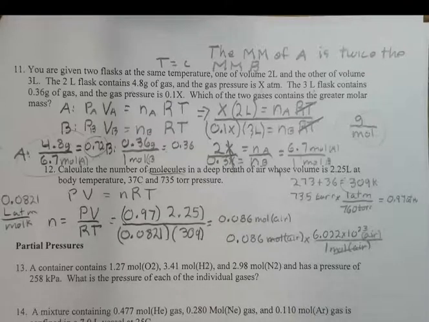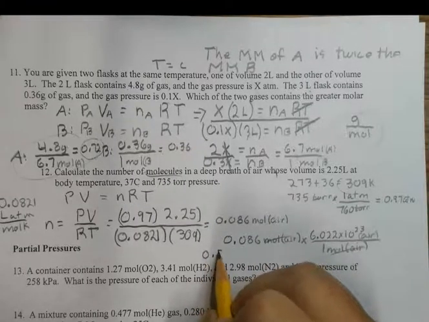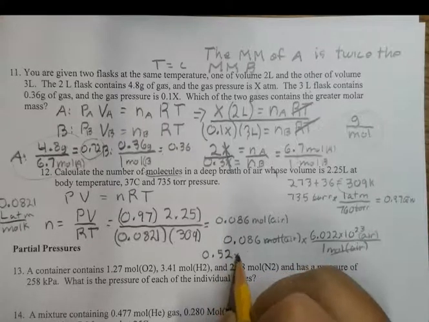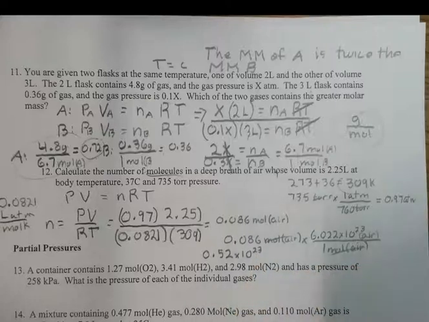So let's go ahead and do that. It's going to be 0.086 times 6.022 gives us 0.517, just call it 0.52 times 10 to the 23rd molecules of air.